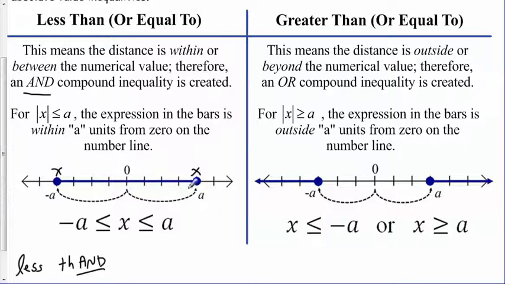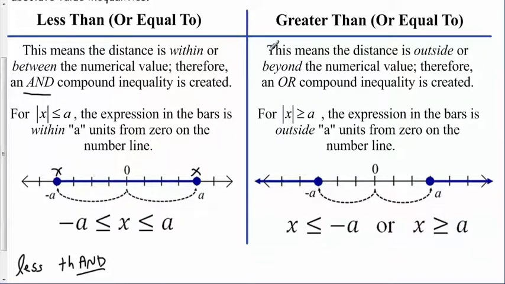I go a units to the right, I go a units to the left. Somewhere in between there is my x. And so that's why we can write our absolute value inequality like this: negative a is less than or equal to x, which is less than or equal to a. So this is an and compound inequality.